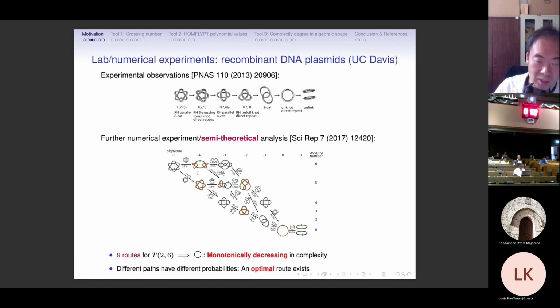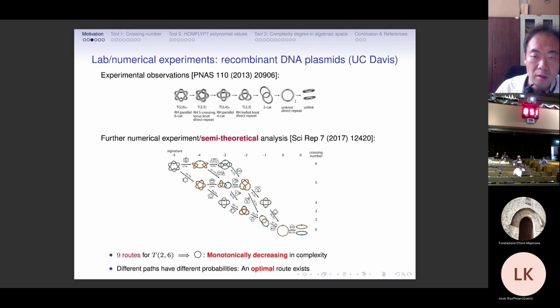And we can see there are so many midway stages between the initial point and the final point. There are totally 9 routes for T26. This one is T26, the torus link, decaying from that one to here.